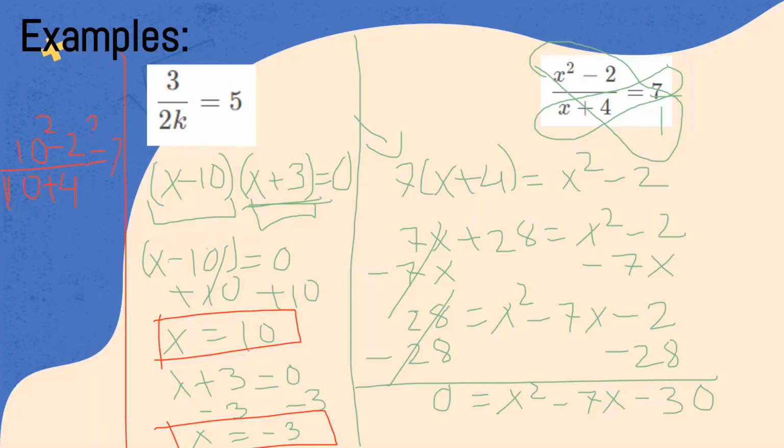We have to check. So let's check. That is equal to 7, so that is correct. That is one of your solutions. So 10 is actually your solution. And then you have negative 3.